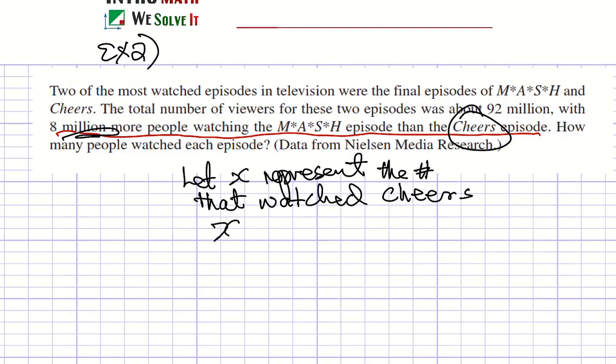Then we're going to have X plus 8. We're talking in millions now. That's 8 million, but we'll leave it like that because it's easier, and later on we'll convert it.